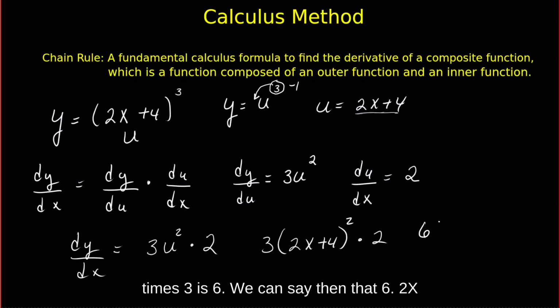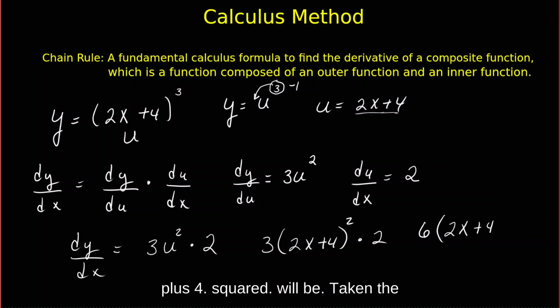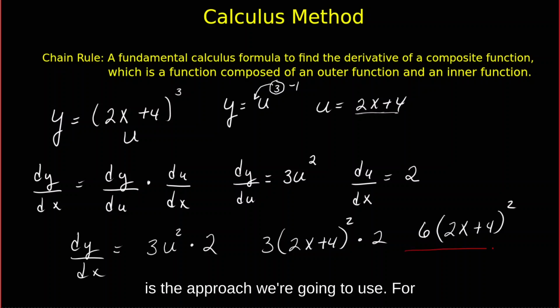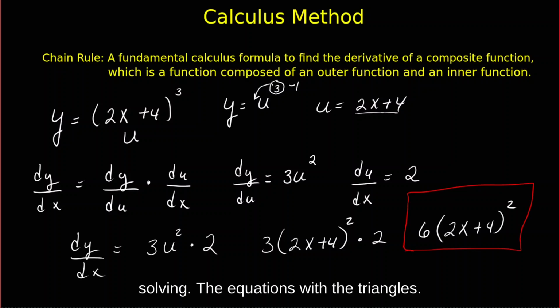We can say then that 2x plus 4 squared will be taking the derivative using the chain rule. So this is the approach we're going to use for solving the equations with the triangles.